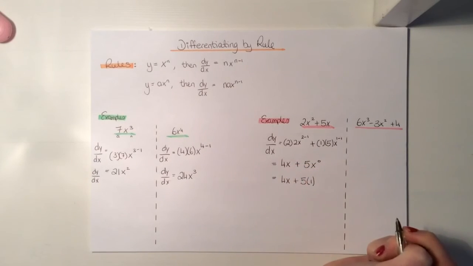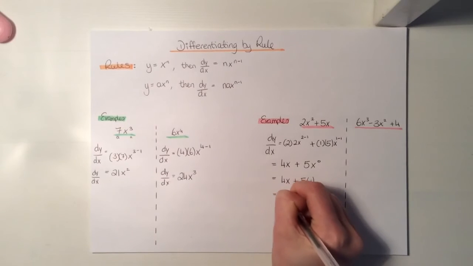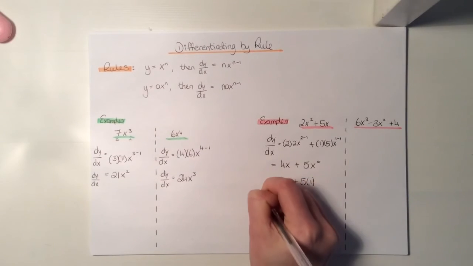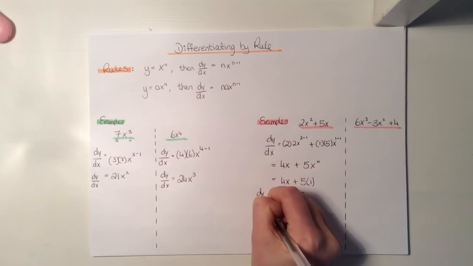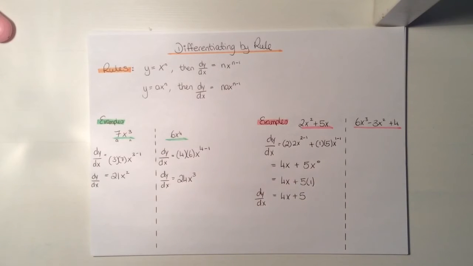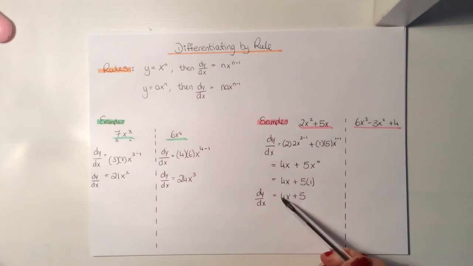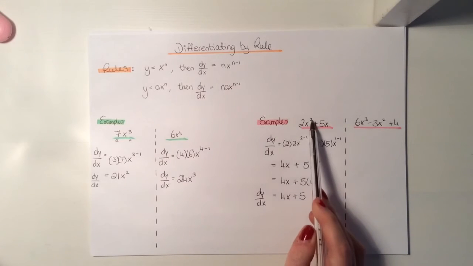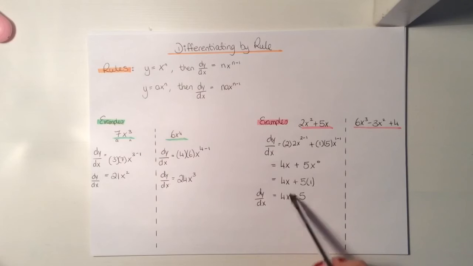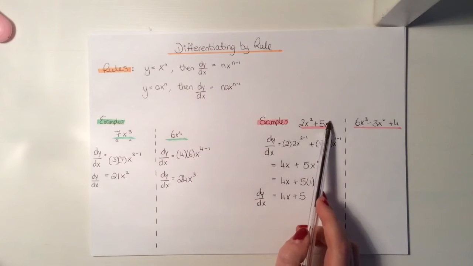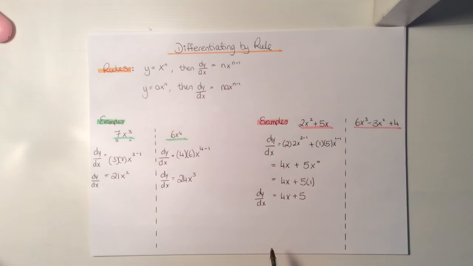So that's 5 times 1, which is just 5. So our derivative here, dy dx equals 4x plus 5. All I did was 2 times 2 is 4, then 2 minus 1, I'm just left with x to the power of 1. 1 times 5 is 5, and then the 1 minus 1 left 0, so the x goes away.